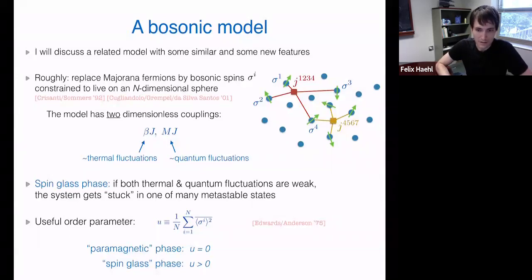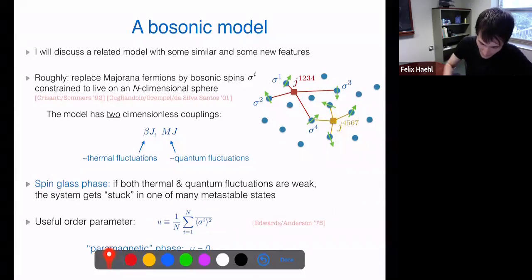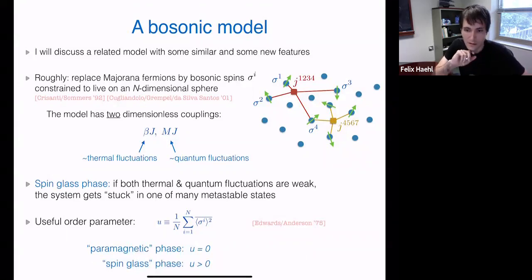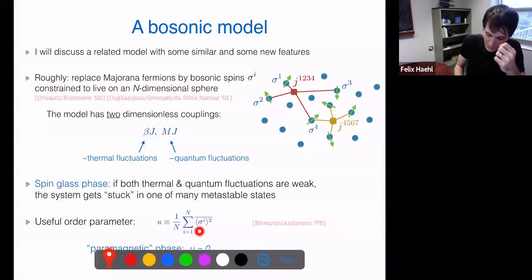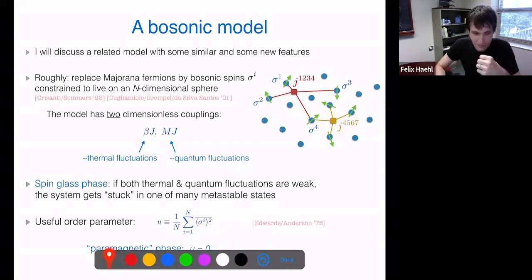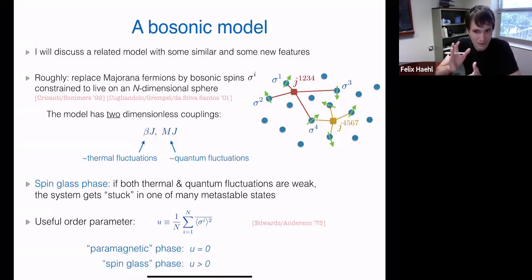So in particular, there again exist more coarse-grained order parameters that characterize this state. And a particularly useful one will be this order parameter that goes back to Edwards and Anderson that I'll denote by U. You can call that the average self-overlap, for example. So it's like a 2-point function. We need to consider something quadratic, something like a 2-point function, because the average magnetization of each individual spin just vanishes after you average.